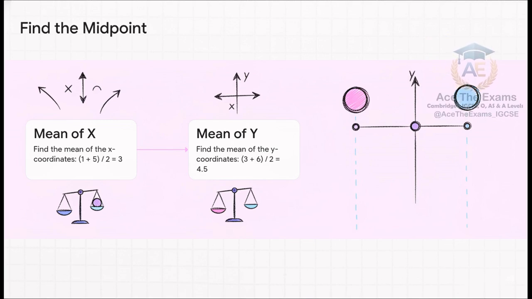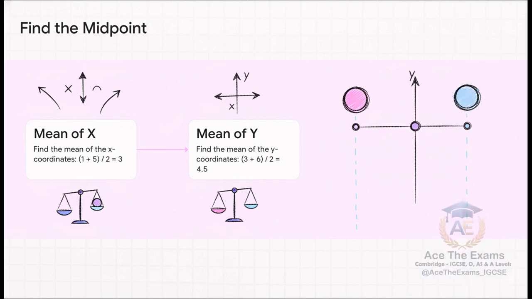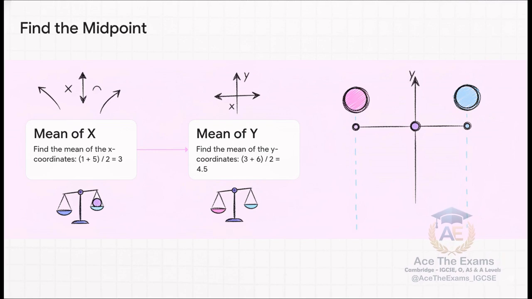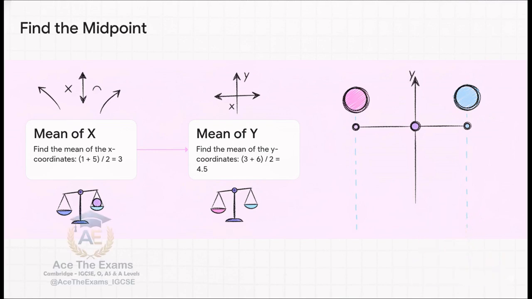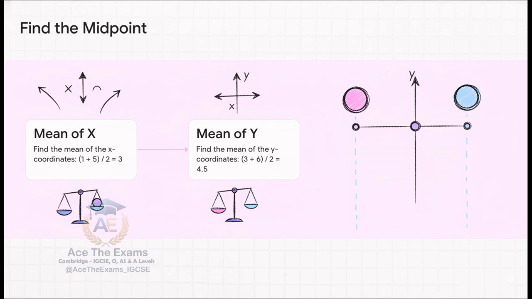That gives us 3. Step 2, we do the exact same thing for the y-coordinates. 3 plus 6 is 9. Divide that by 2, and you get 4.5. And there you have it. That brilliantly illustrates how we arrive at our midpoint, the coordinate 3, 4.5. We've basically just perfectly balanced the scales between our start and end points.